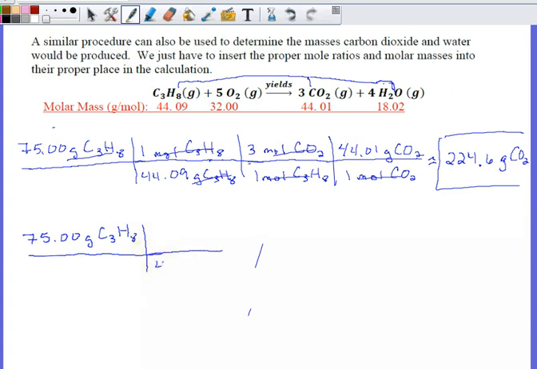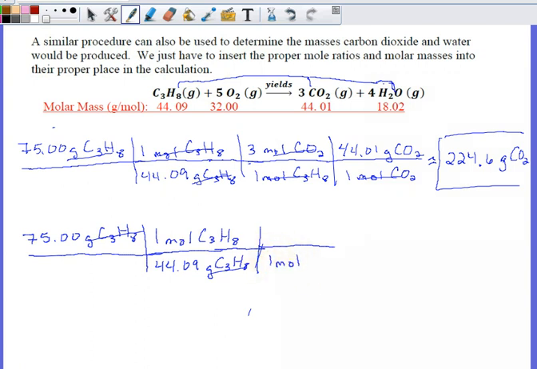And we're going to convert that to moles using our molar mass. Grams cancel. Then I'm going to use my mole ratio between water and propane.